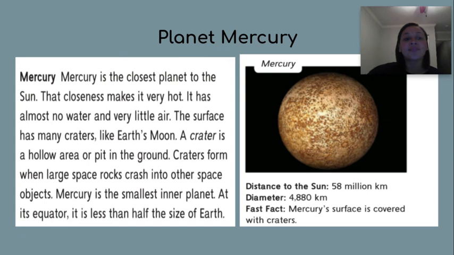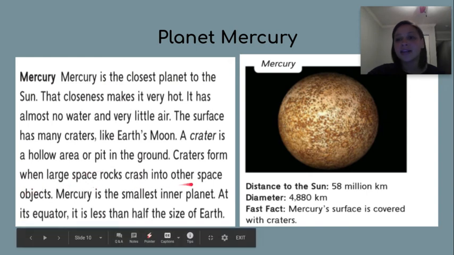And from last week, our lab, it says a crater is a hollow area or pit in the ground, okay? So think of our lab from last week that Mr. Abbott did. And so when craters form, when large rocks, space rocks crash into other space objects, and also Mercury is the smallest inner planet. So that's an important fact too, okay?